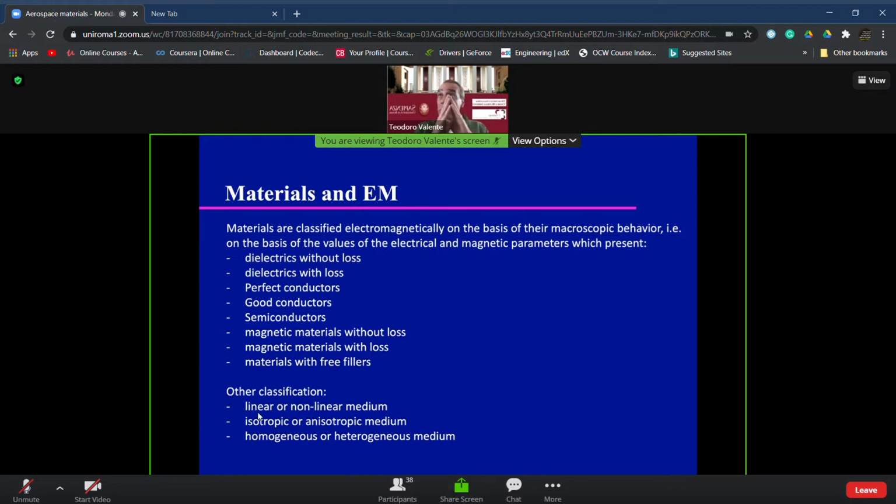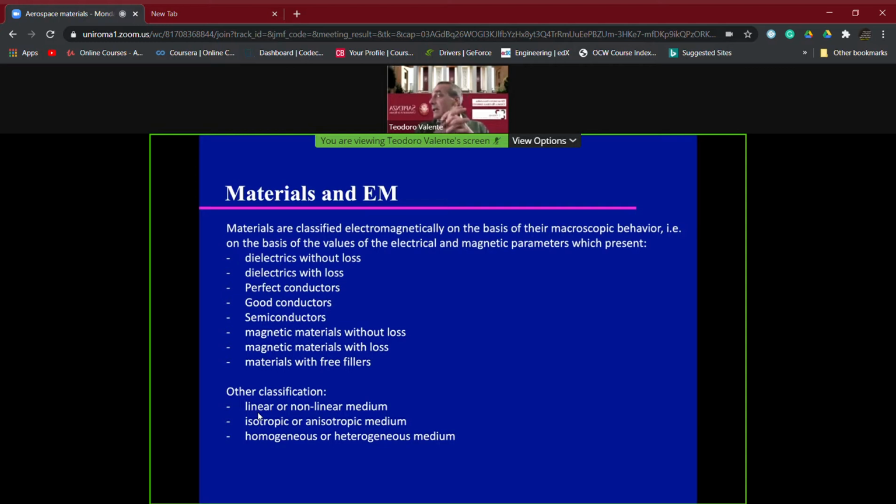These will not be the yielding strength of the materials, or the tensile strength, or the fracture toughness, but other properties that we will recall in a little bit, for which we need to define the possibility to have a linear response, the possibility to have materials with isotropic or not isotropic properties, or homogeneous or not homogeneous properties.